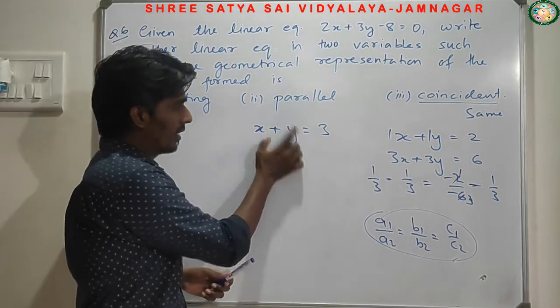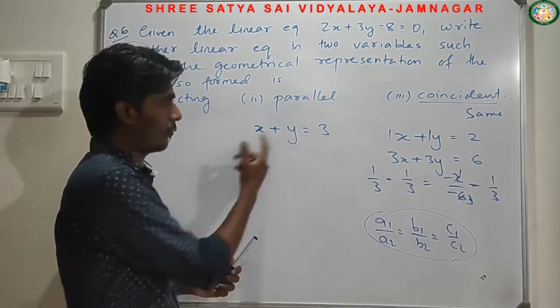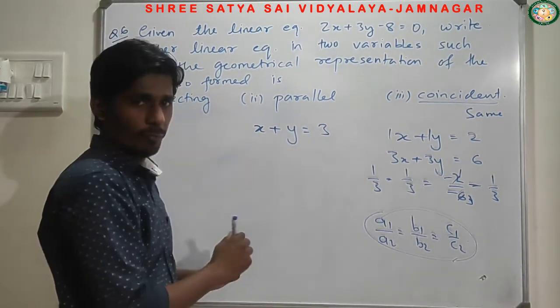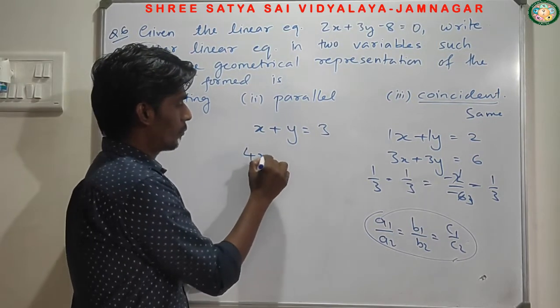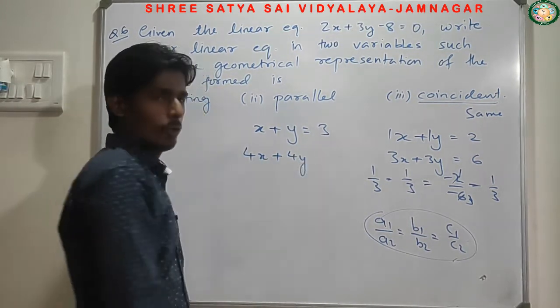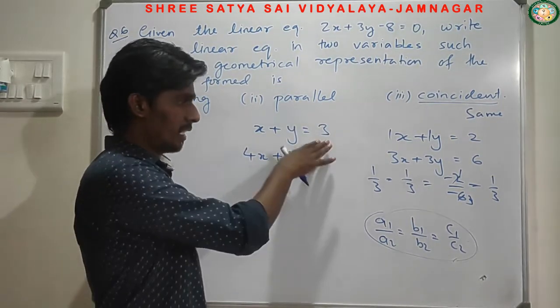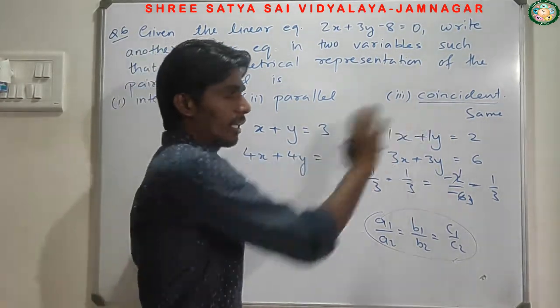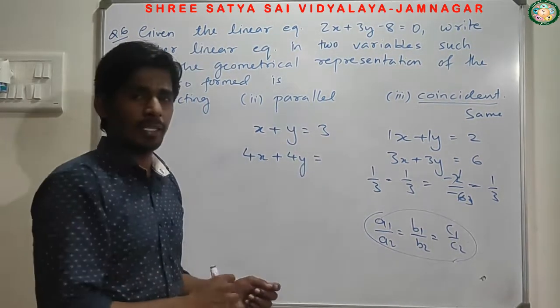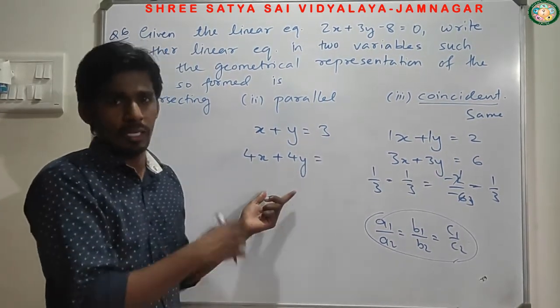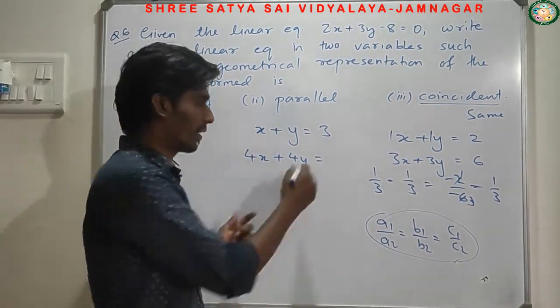I'm going to multiply this equation by, say, 4. ये लेफ्ट हैंड साइड को मैं 4 से मल्टीप्लाई कर रहा हूँ. So it becomes 4x plus 4y. But this number I'm not going to multiply by 4. अगर इसे भी multiply by 4 कर दूंगा तो वो क्या हो जाएगा? Coincident. But I'm going to multiply this number by something other than 4. 4 के अलावा कोई भी नंबर से मल्टीप्लाई कर सकता हूँ.